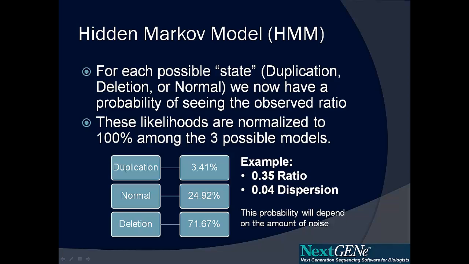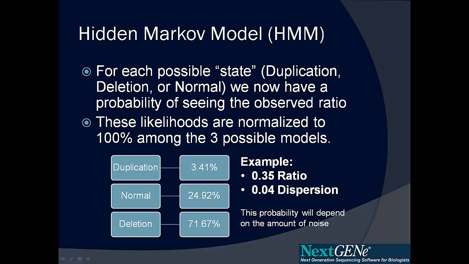And this is where the hidden Markov model comes in. For each possible state, duplication, deletion, or normal, we have a probability of seeing that observed ratio. And we have these measurements for each region that we're looking at. And so for each region, we normalize these measurements to 1 among the 3 possible models.